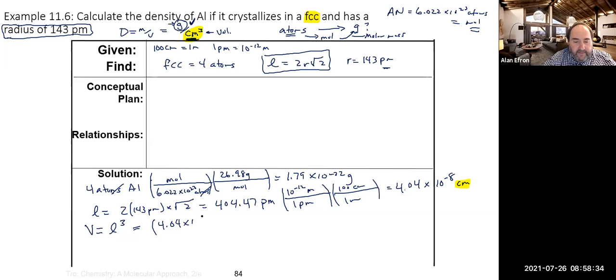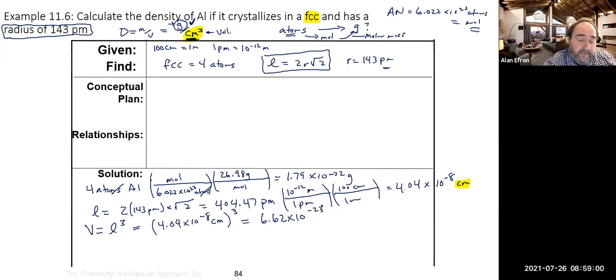4.04 times 10 to the minus 8 centimeters, and we're going to cube it here. So at that point, that gives us, looks like 6.62, we'll call it, times 10 to the minus 23.